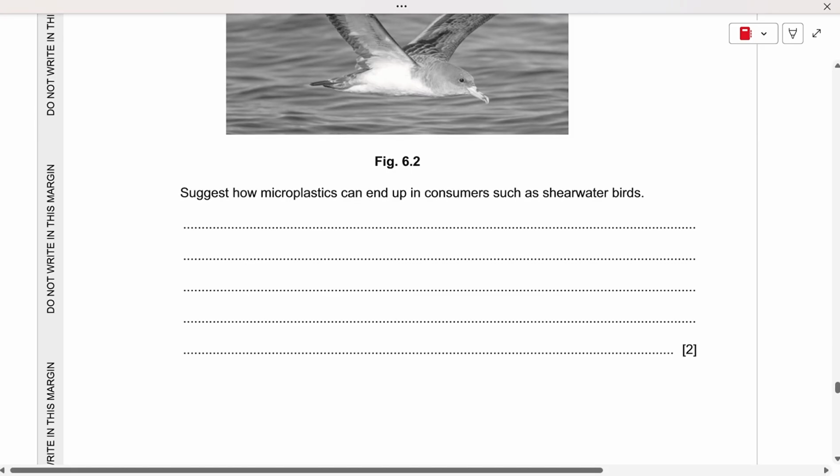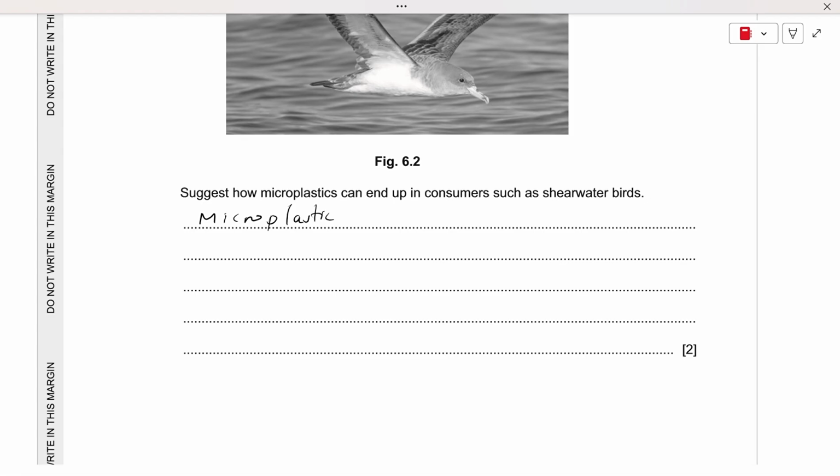So we say here: microplastics are non-biodegradable, meaning that they cannot be broken down.